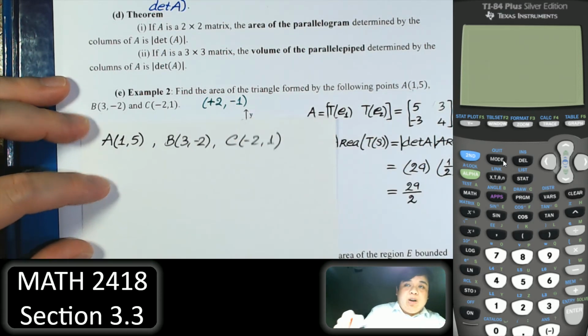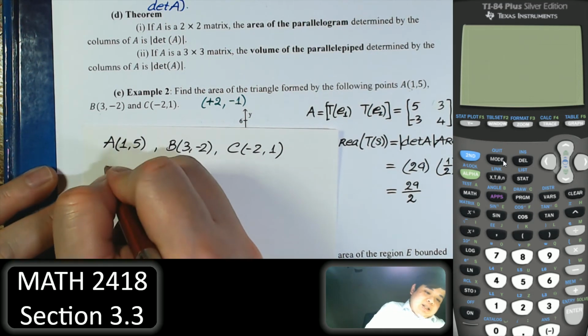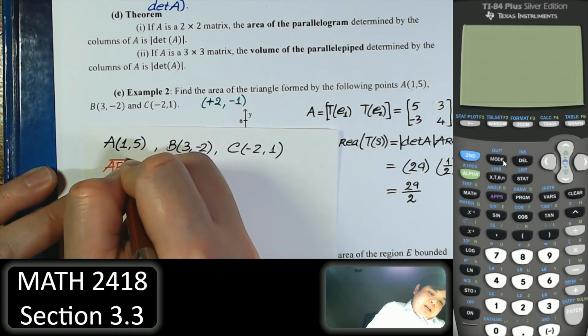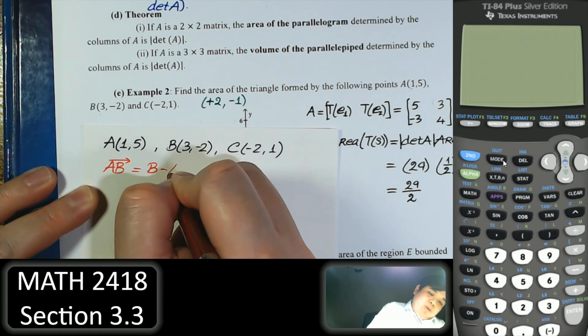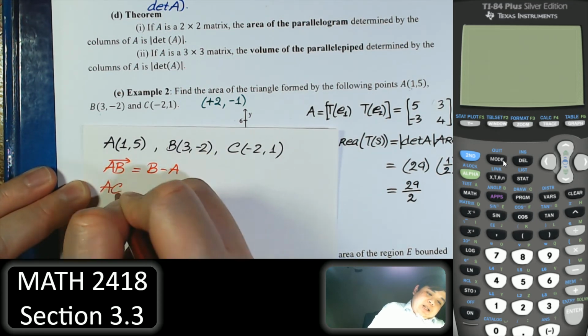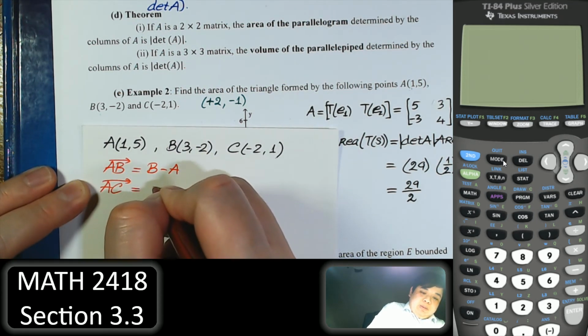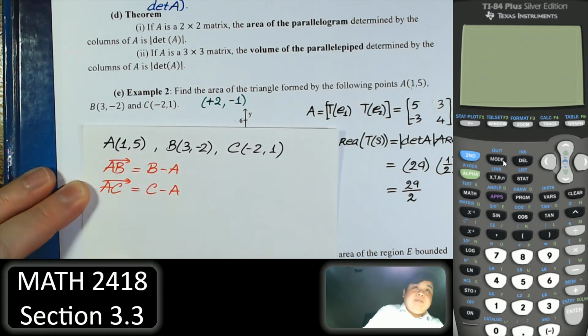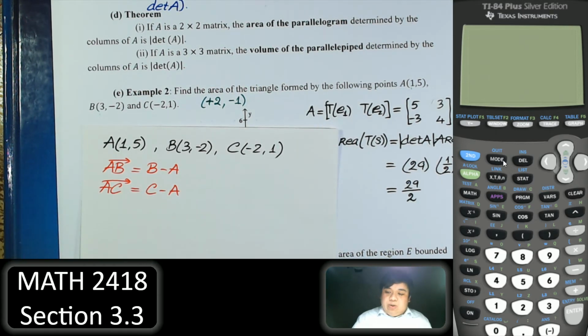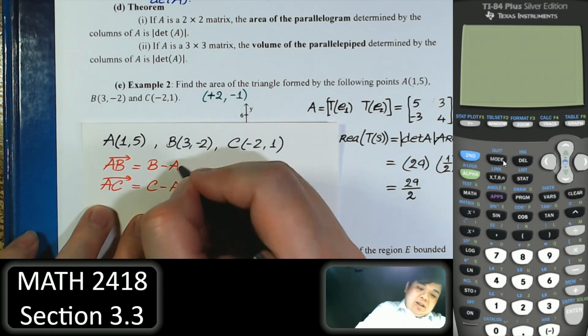Now in pre-calculus, when we find the vector connecting A and B, it is the point B minus point A, and the same thing, AC is going to be point C minus point A. Final minus initial, that's how to find the vector.